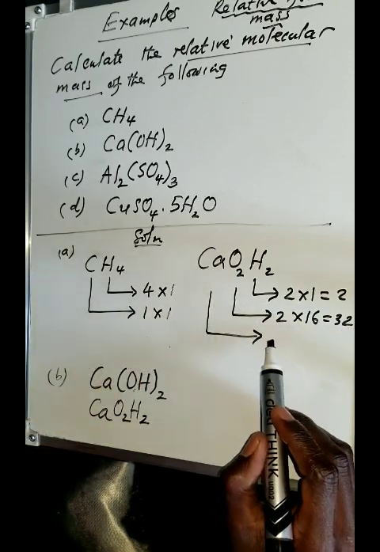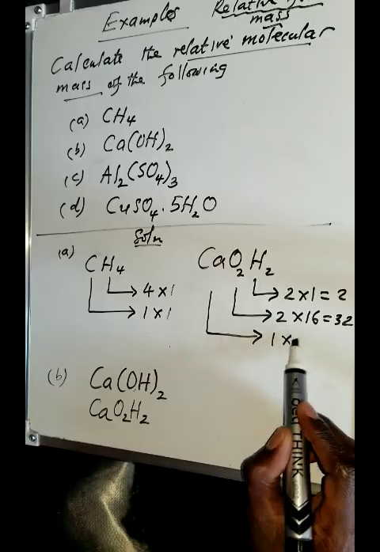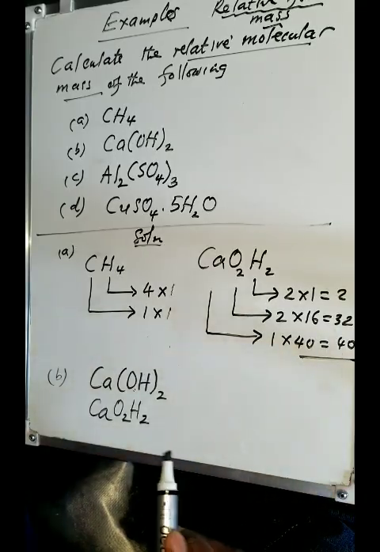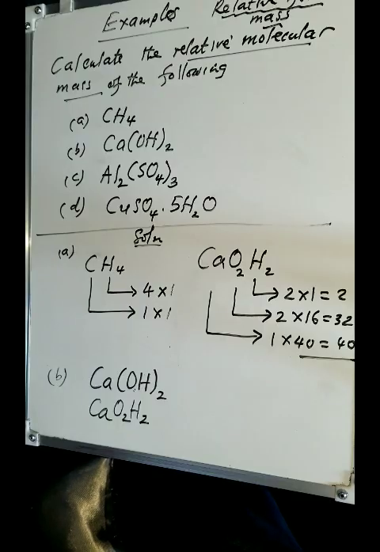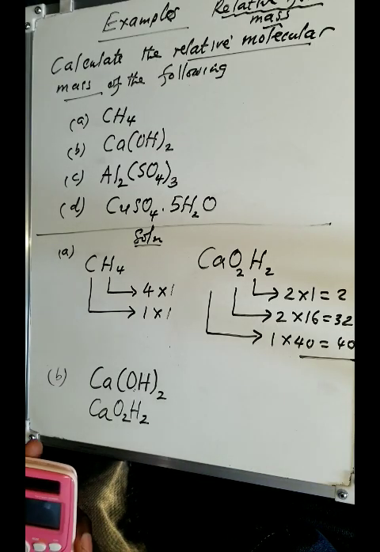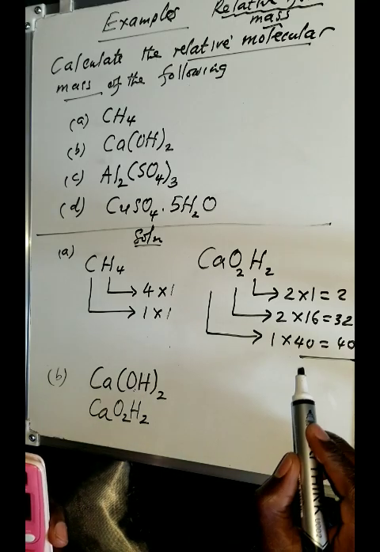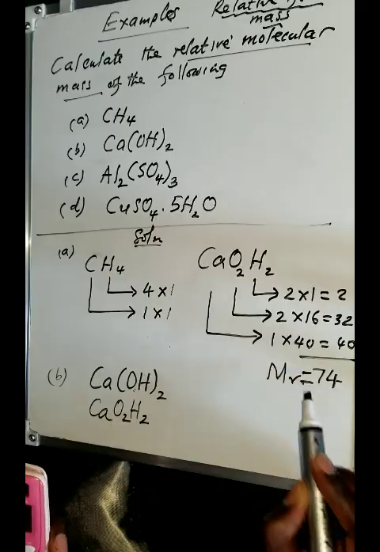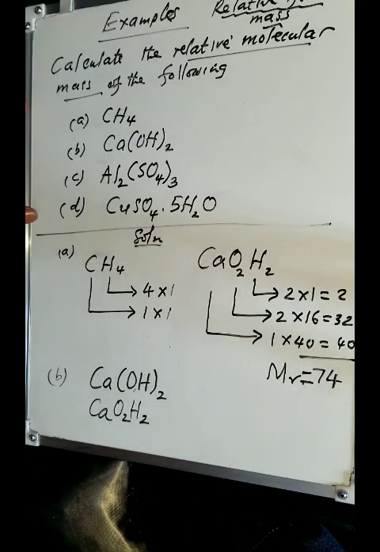Then calcium, it's 1 times the atomic mass, which is 40, so that will give you 40. So the next step that you need to do is simply to add that. If you use your calculator, 2 plus 32 plus 40, that is going to give you 74. So that is the relative molecular mass in this case of calcium hydroxide.